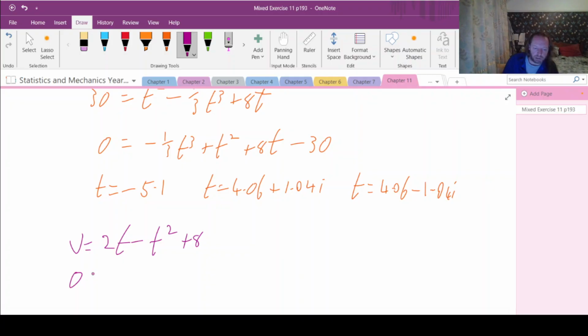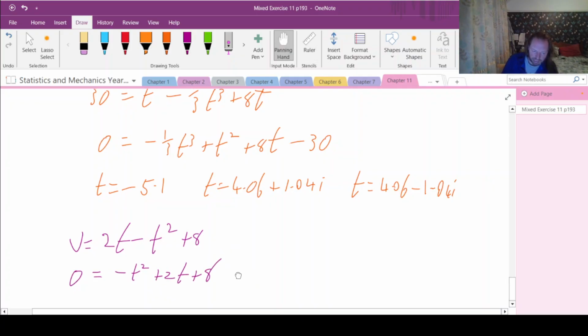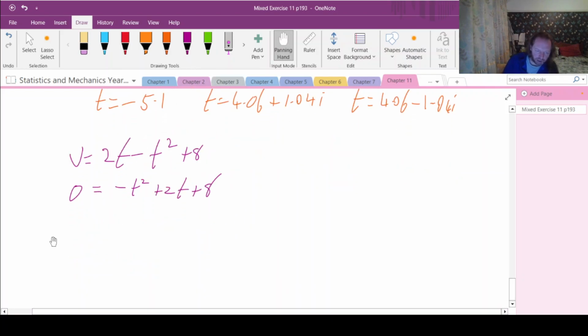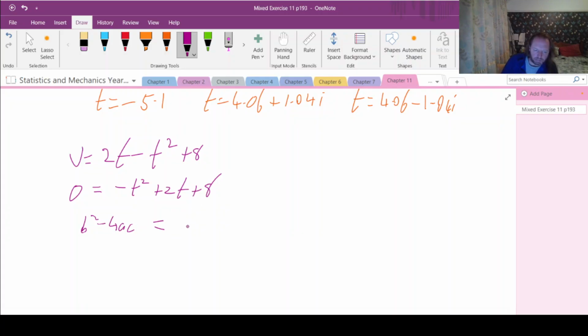So if I put that in, I get minus t squared plus 2t plus 8, and again look for the solve. If we do the discriminant, b squared minus 4ac, that will be 2 squared minus 4 times minus 1 times 8.